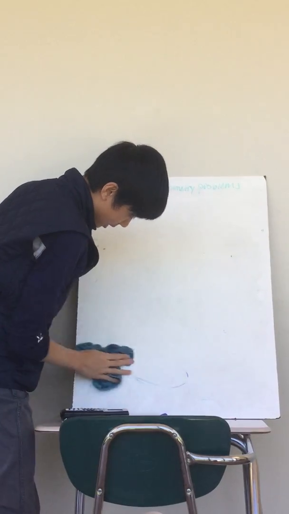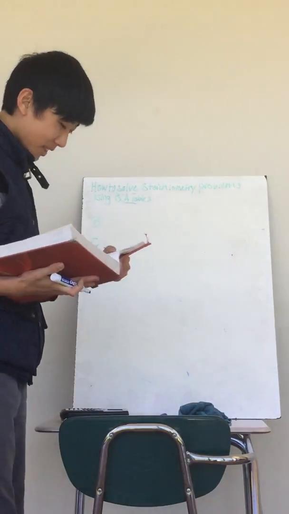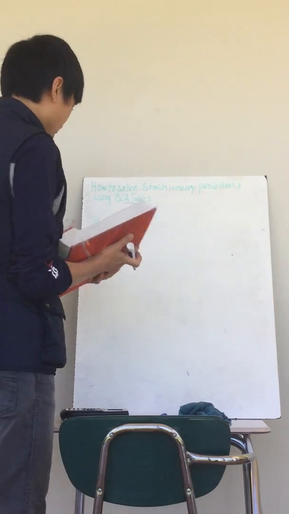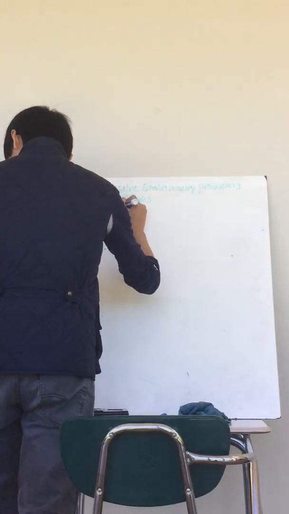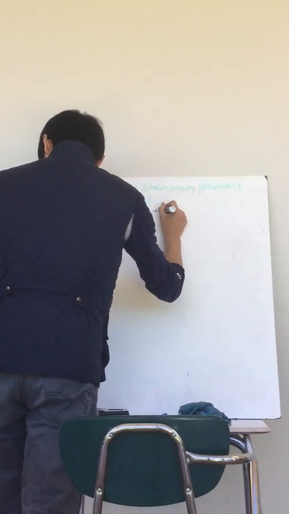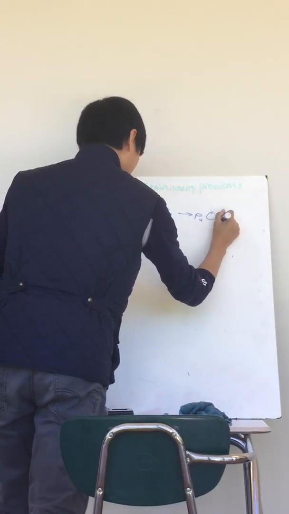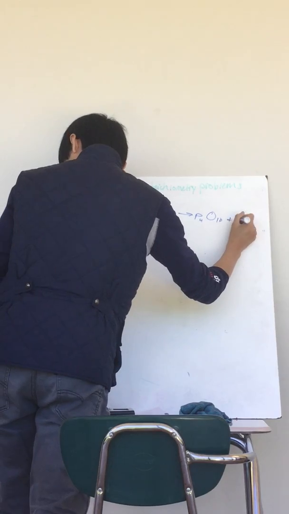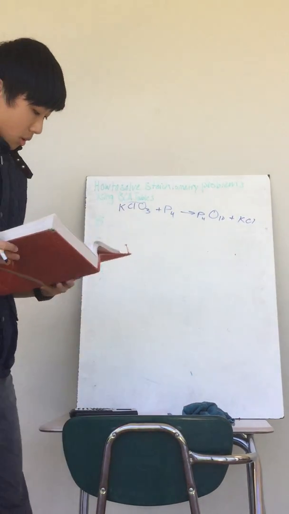Now for our second problem, it's KClO3 plus P4 goes to P4O10 plus KCl.